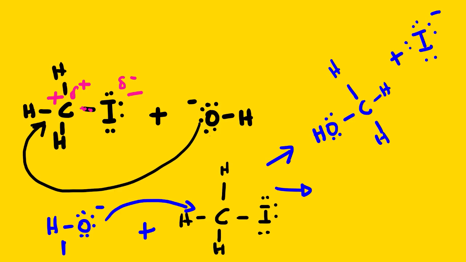So once we identify this, this will be our nucleophile, this will be our substrate, this will be our product, this will be the leaving group. Let us look at another example.